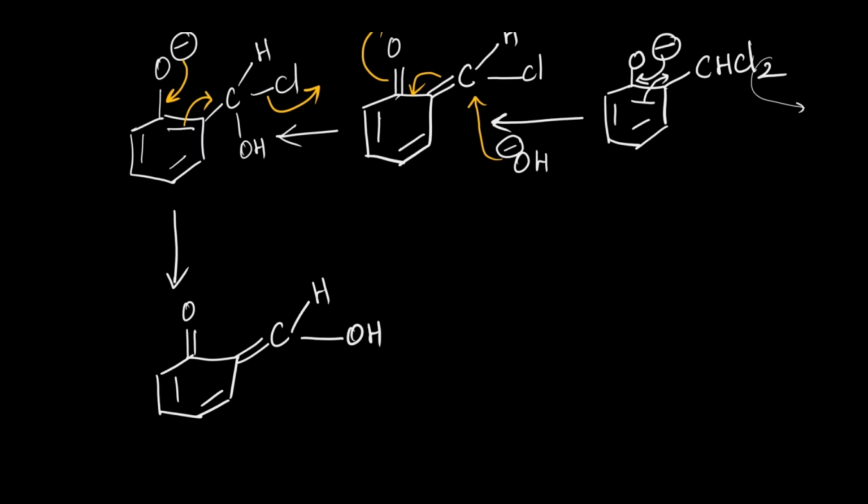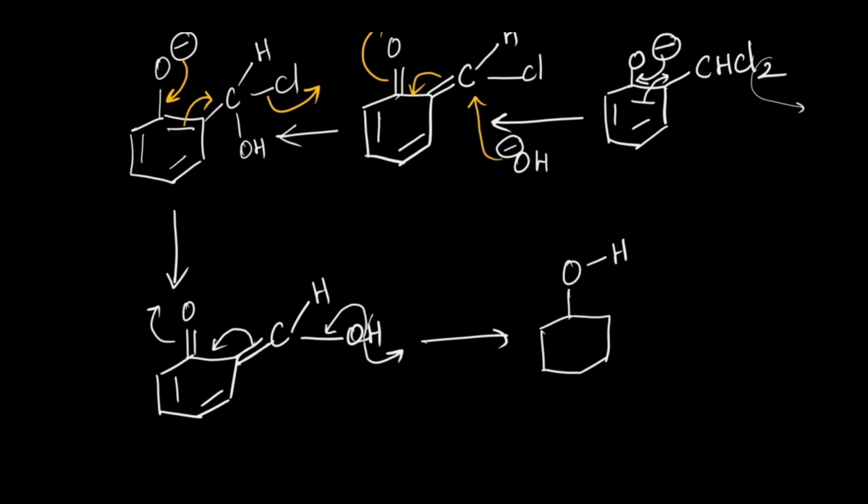What will happen? Carbon is having a double bond right here. It doesn't want that to happen. So what happens? This hydrogen leaves as H plus. Due to that, bond shifts.